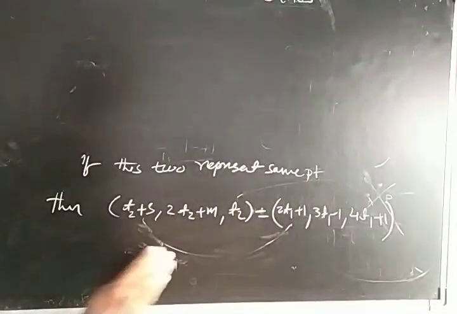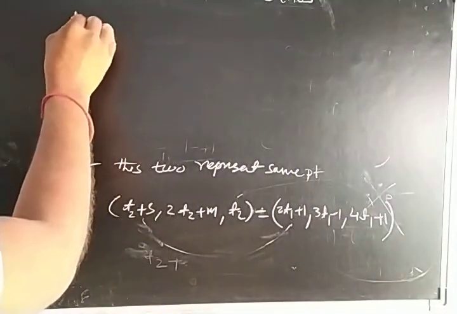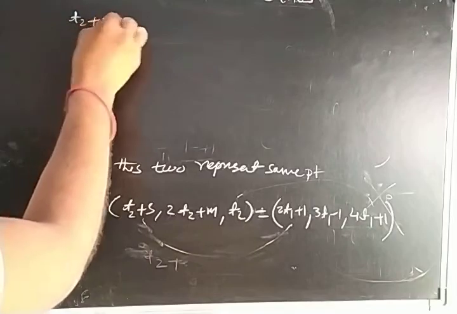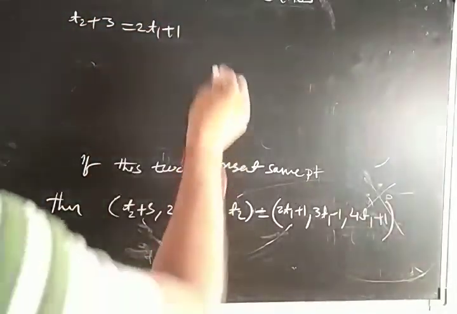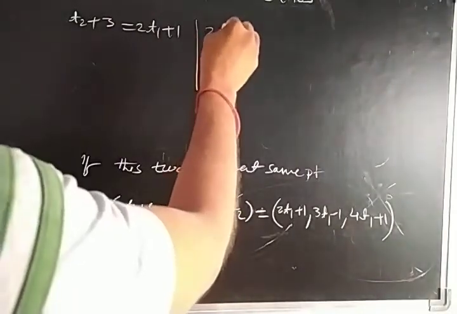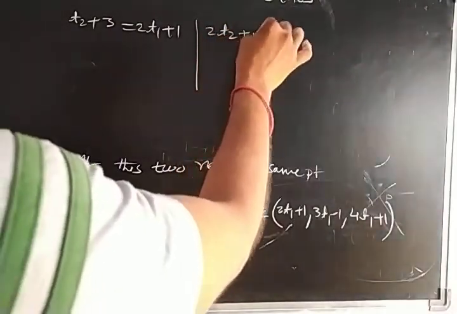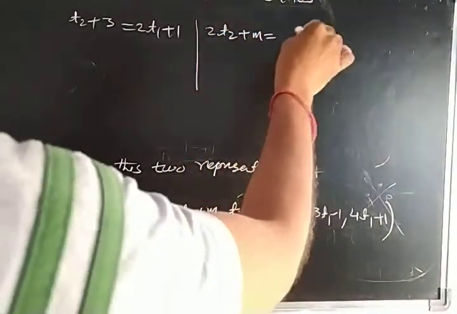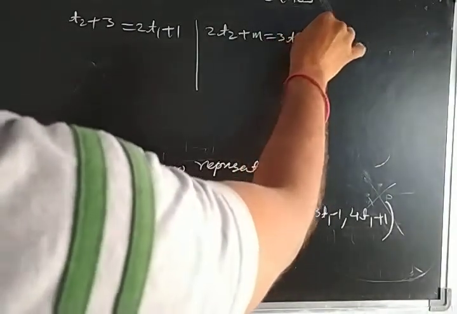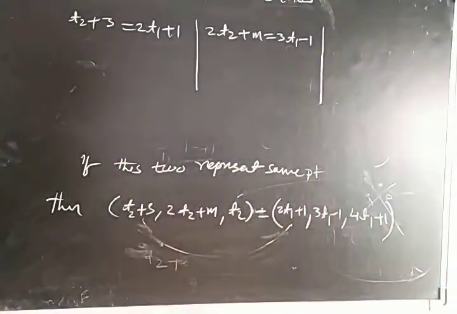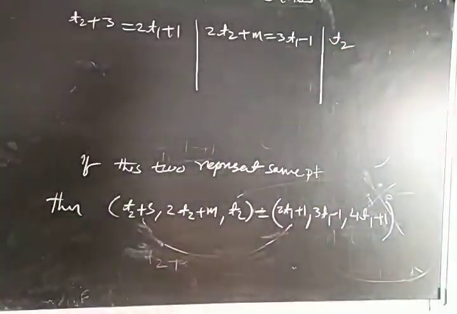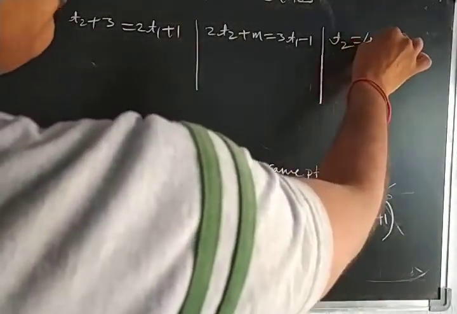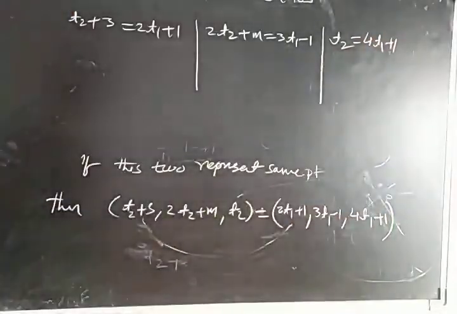By comparing the x coordinate, you will get t2 plus 3 is equal to 2t1 plus 1. Second equation, 2t2 plus m is equal to 3t1 minus 1. From comparing the z coordinate, t2 equal to 4t1 plus 1.